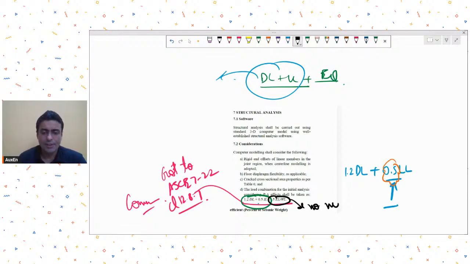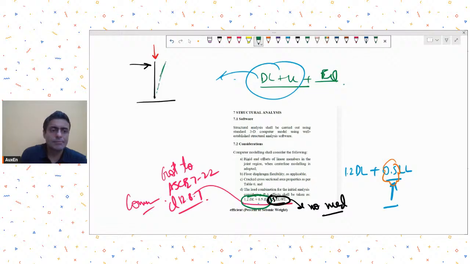Now the confusion the Indian code has created in 16700 is that they have included the lateral load case also in this combination. That is not needed. See, the concept of P delta is that when your lateral loads are acting, the gravity loads which are already acting are already creating some displacement.